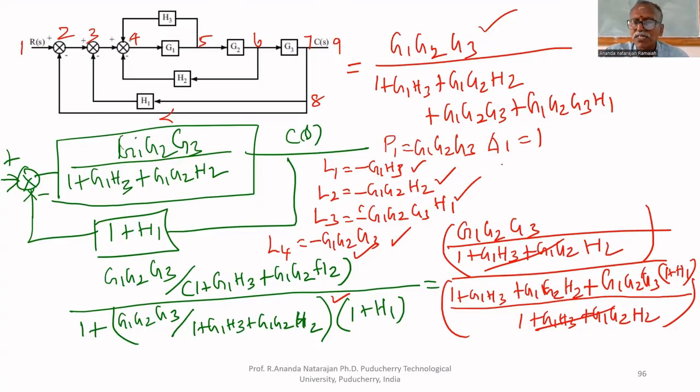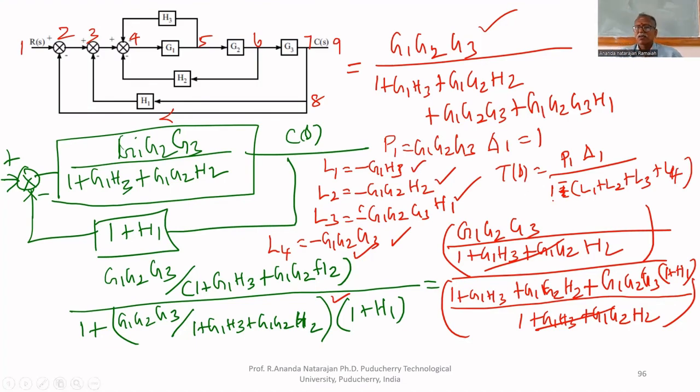Therefore, the final transfer function is T of S equal to P1 delta 1 divided by 1 minus L1 plus L2 plus L3 plus L4. All are negative, that's why automatically you will get positive values.